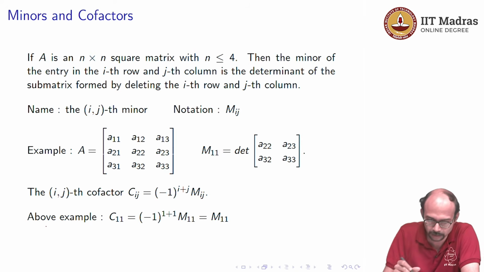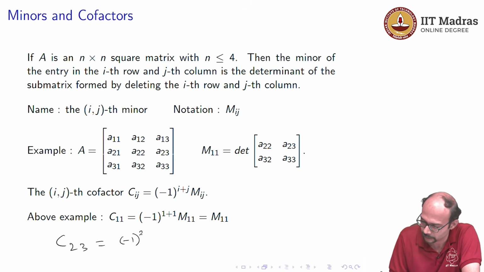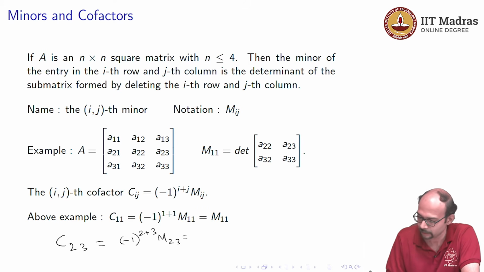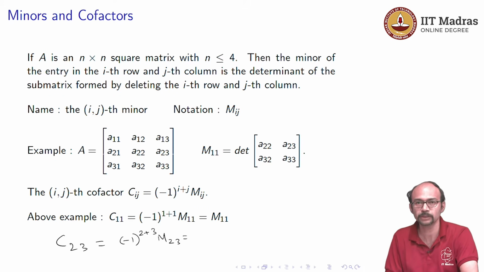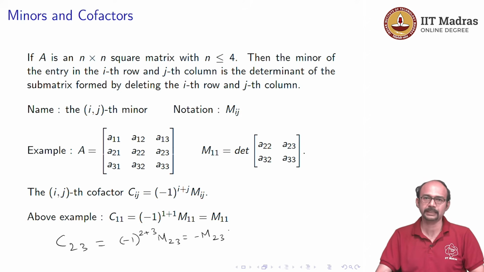In a similar light, if we have C23, then this is (-1) to the 2 plus 3 times M23, but now 2 plus 3 is 5, which is odd. So, (-1) to the power 5 is minus 1. So, this is minus M23. Okay. So, depending on what is i and j, accordingly we will pick up a minus sign.